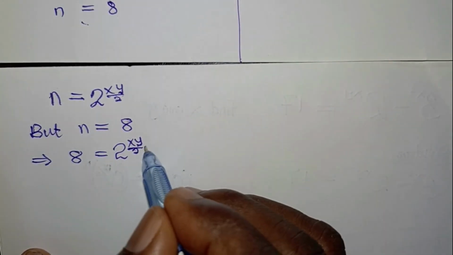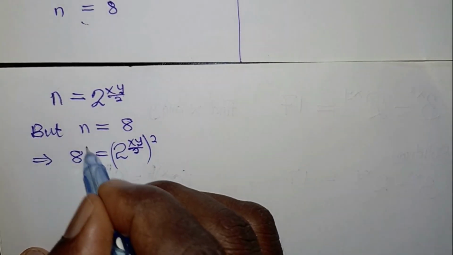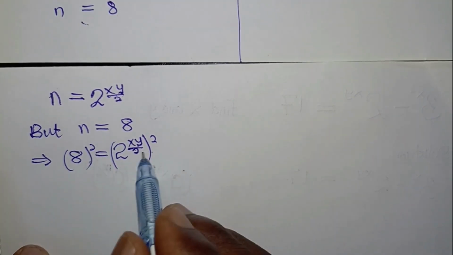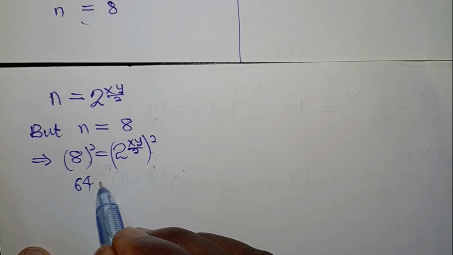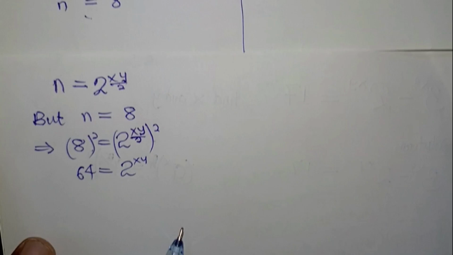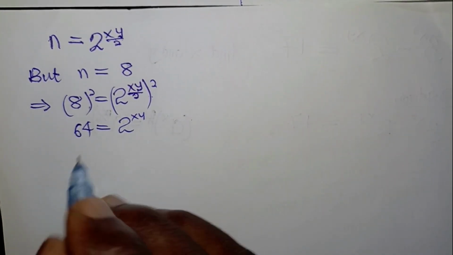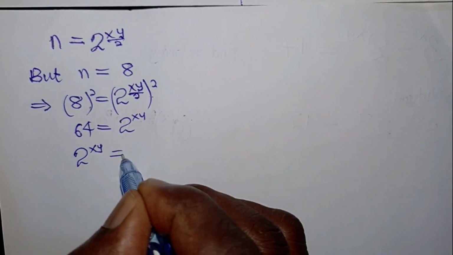We can solve for xy here by squaring both sides. This will give us 64 equals 2 raised to the power xy. So we rewrite this as 2 raised to the power xy equals 64.